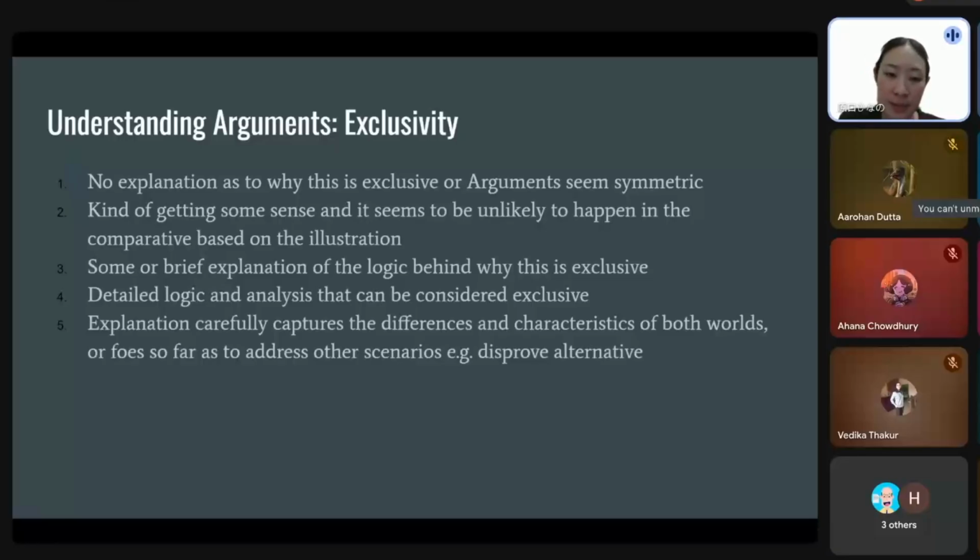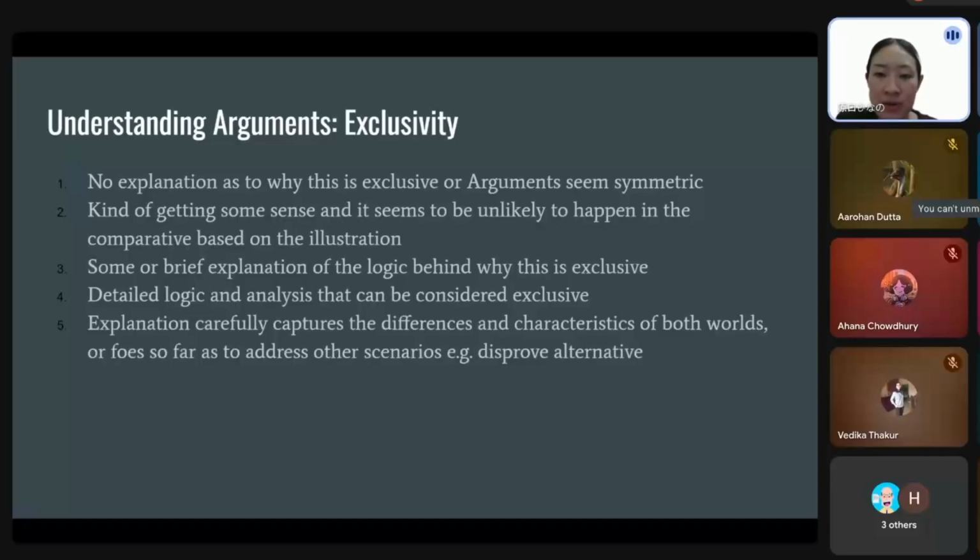This is some explanation, but I think it is still missing how people behave and think in the status quo, which has less explanation on the degree of change or degree of exclusivity.